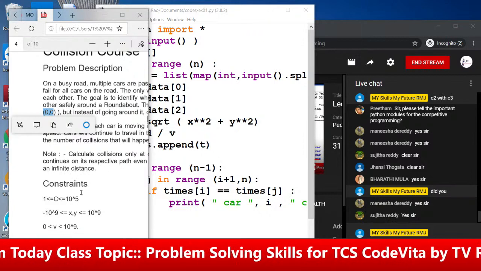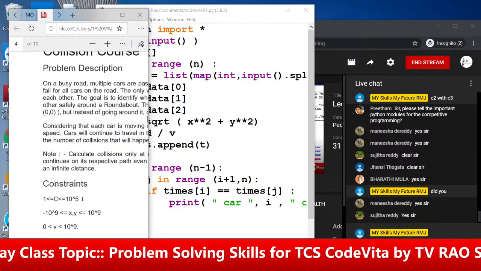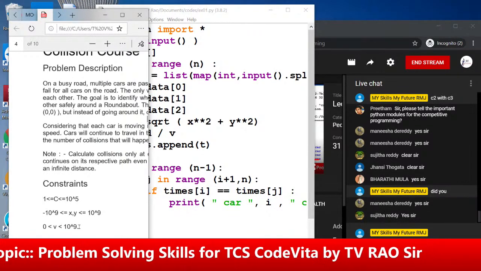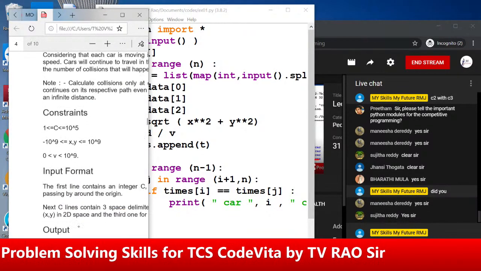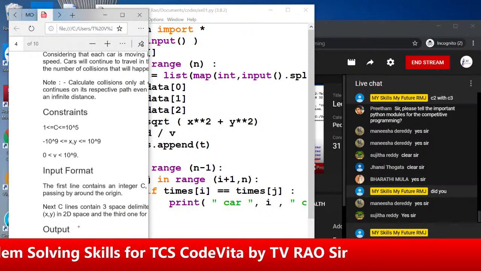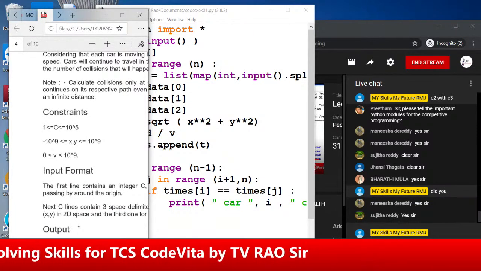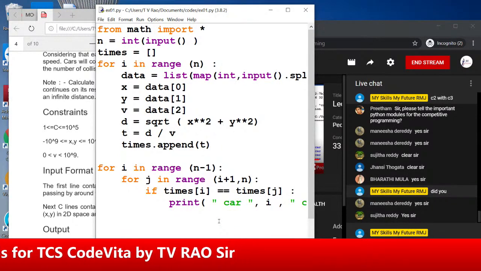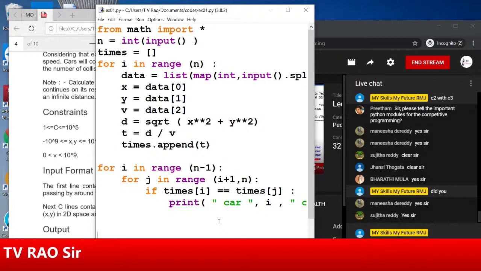So there may be 50,000 cars, maybe at any position. Velocity is as good as 10 to the power of 9. So these are the maximum values. Hope you understand it. Is this clear? Very simple program. Hardly 5-6 lines and asked in CodeVita. So this was one of the mock CodeVita problems.